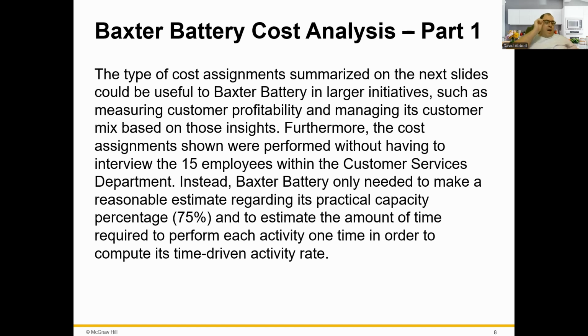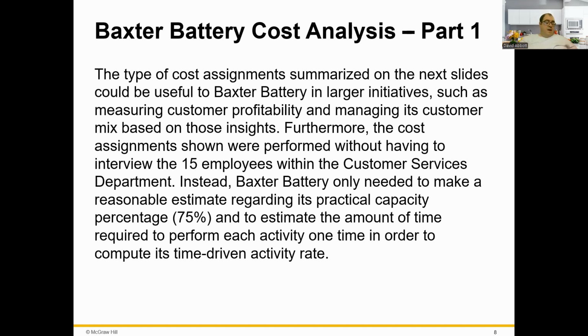So now Baxter uses a 3-step TDABC process to assign customer service labor costs to 3 of its customers, which are Acme Auto, Car World, and Auto Services. The first step is to divide the total cost of the resources supplied, which is $634,005, by the practical capacity of the resources supplied, which is 1,404,000 minutes.